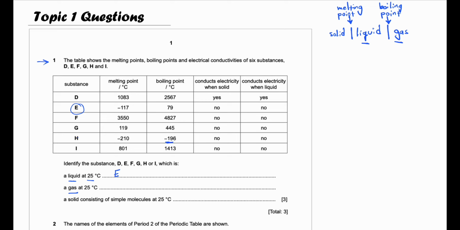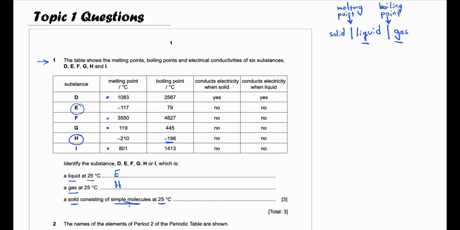happens only in H. A solid consisting of simple molecules at 25. At 25, the substance has to be solid. It means 25 is below or before its melting point, and that could be here, here, here, or there.